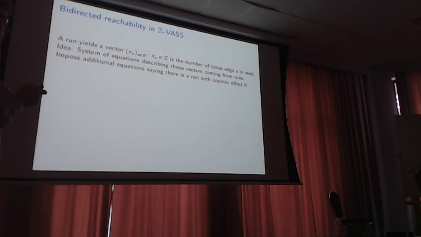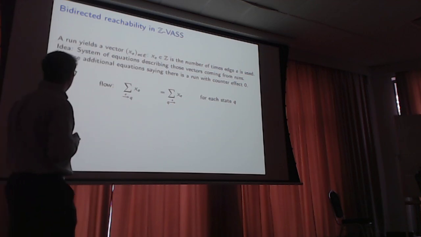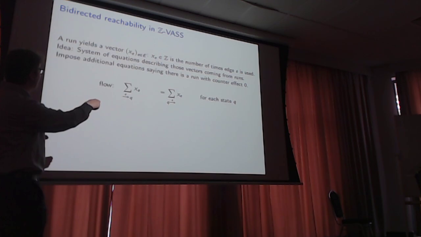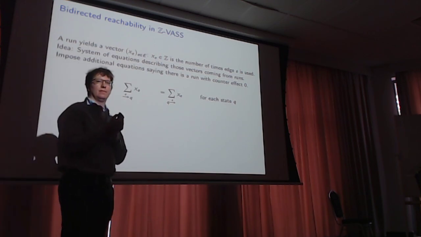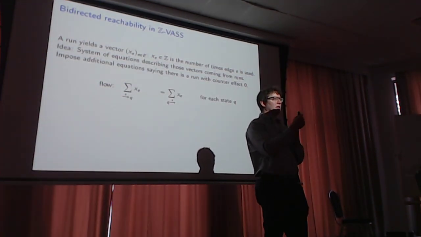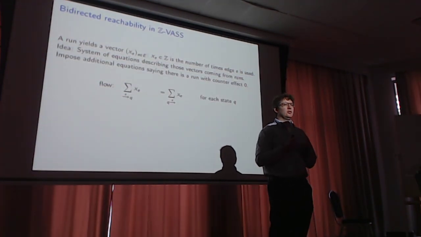And it's very similar to what all of you would do to solve Z-VAS reachability. Namely, you do a flow condition. We take a vector where every entry describes how many times we take an edge. And since we're bidirected, we can allow ourselves negative numbers. Having a negative number just means you have to take the edge backwards.